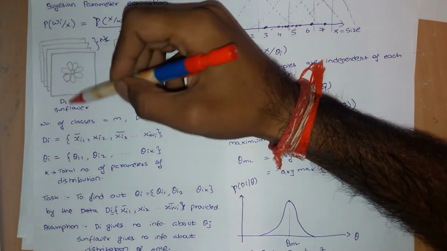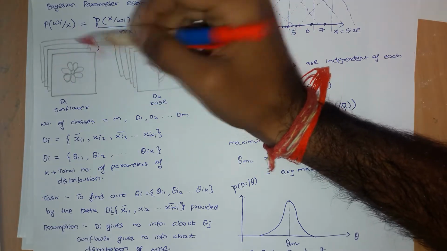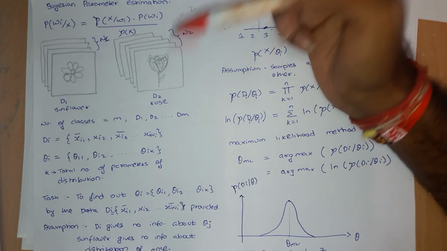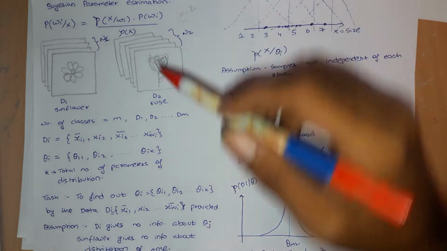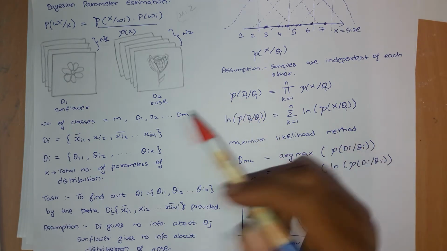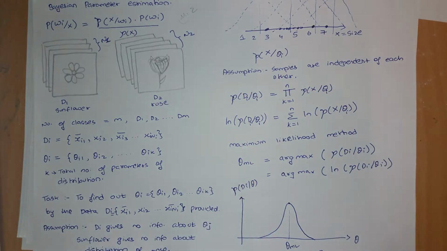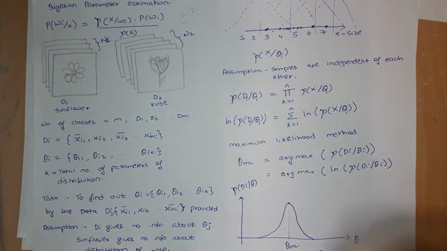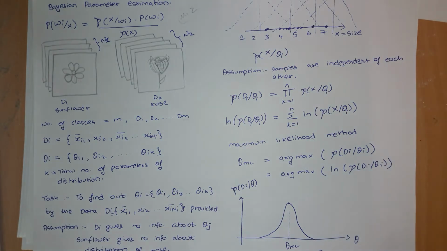Let me denote this whole complete set of images by d1, and this complete set of images by d2. Like this I can have m classes. There can be sunflower, rose, lily, lotus, etc. So there are m flowers that can be classified.